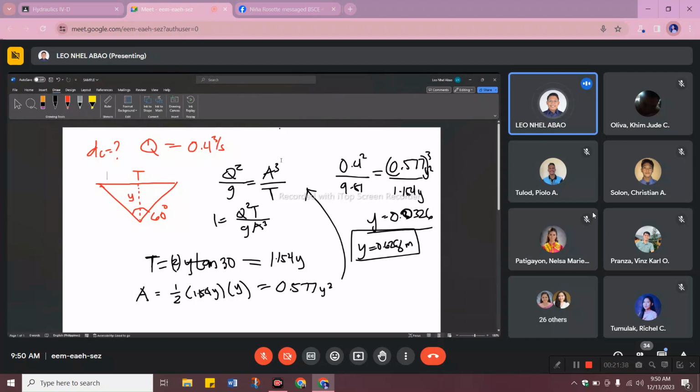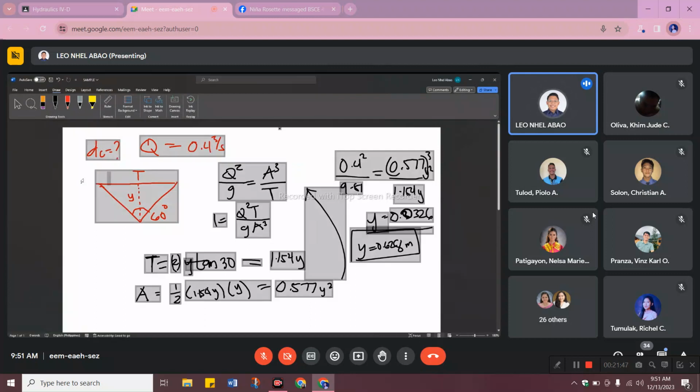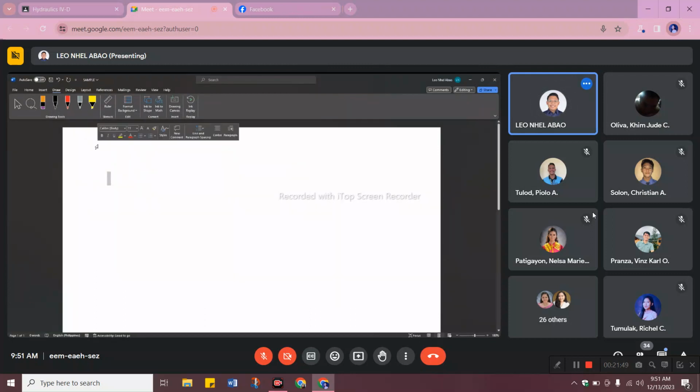Okay. Now let's go to another problem. Let's find the critical depth for a trapezoidal section.